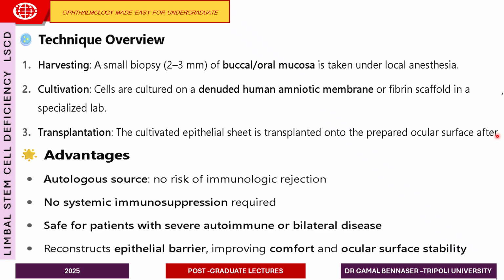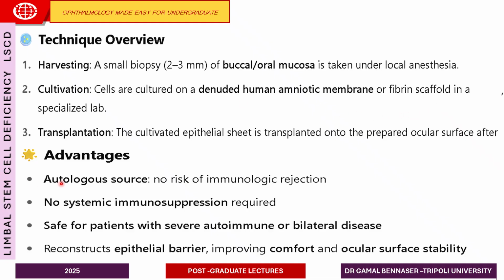Now the technique: we harvest a small piece of tissue, 2 to 3 millimeters, from the buccal mucosa under local anesthesia, and this is cultured on denuded human amniotic membrane or fibrin scaffold in a special lab. Then this cultivated epithelial sheet is transplanted back into the prepared ocular surface after removing any fibrovascular pannus or any abnormalities.